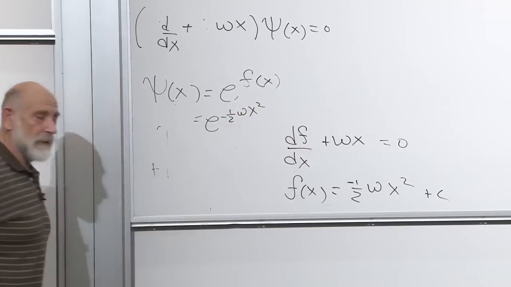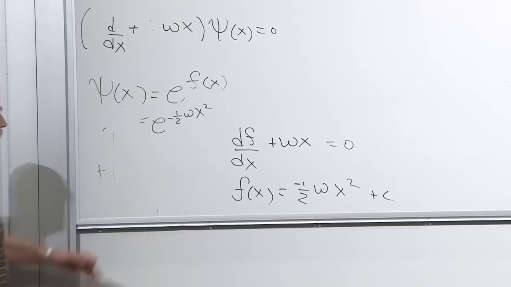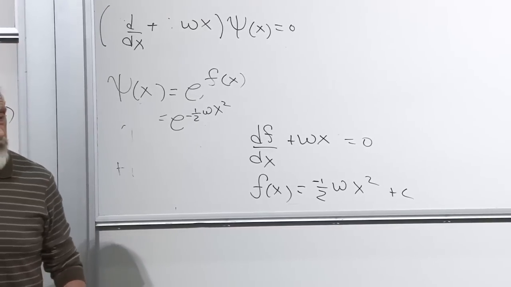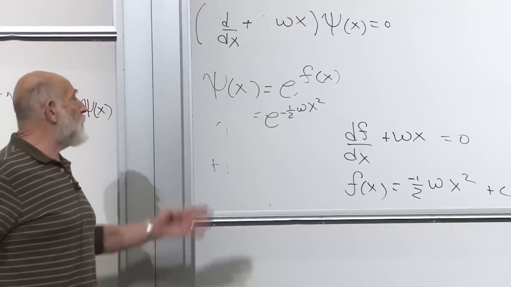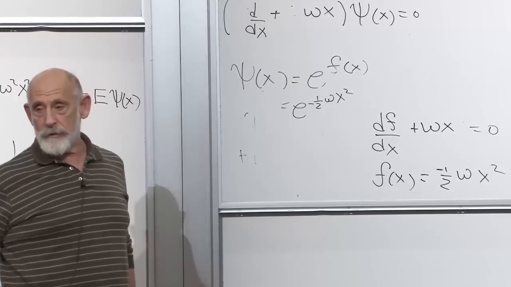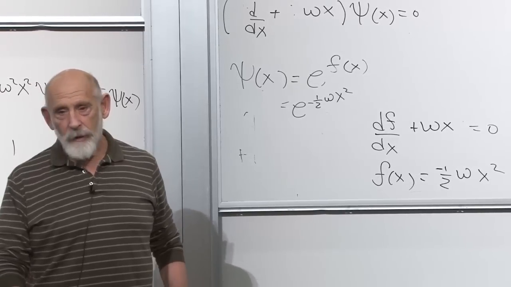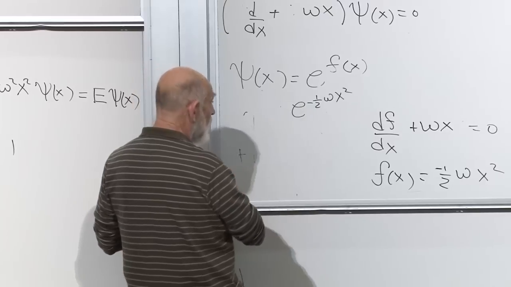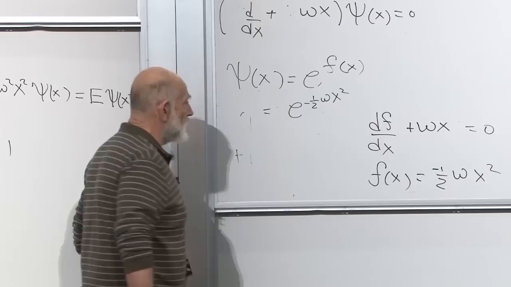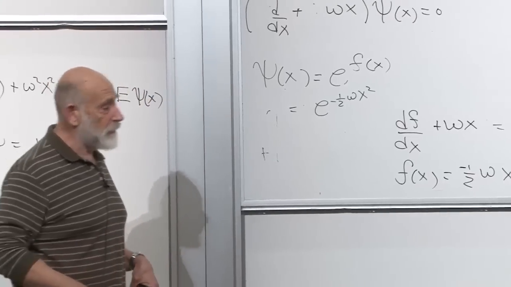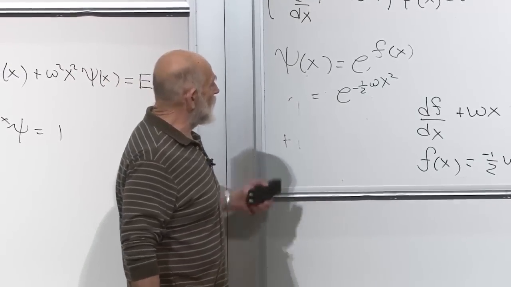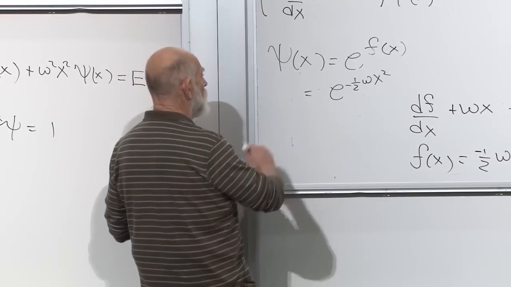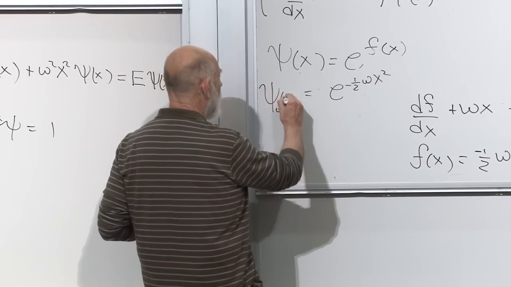What about the constant? Well, we can add it in, but that just puts a numerical constant in front of the exponential. Since I haven't bothered worrying too much about normalizing it, I'm not going to bother with the constant. It's got an omega, a 1/(square root) of omega in it, but it's not terribly interesting for our purposes. This is psi naught of x.